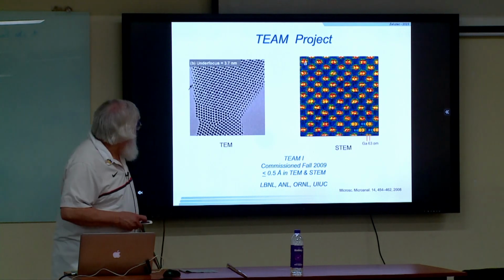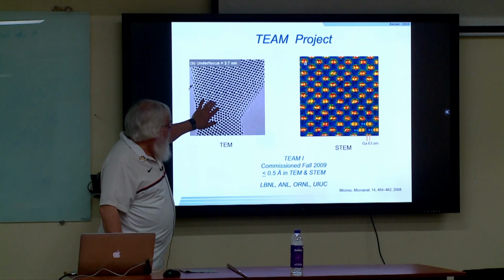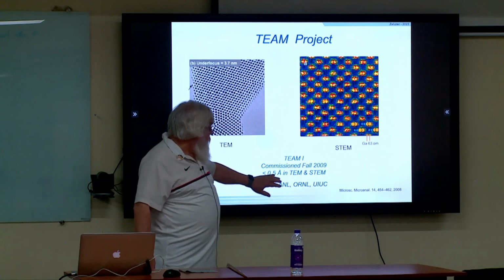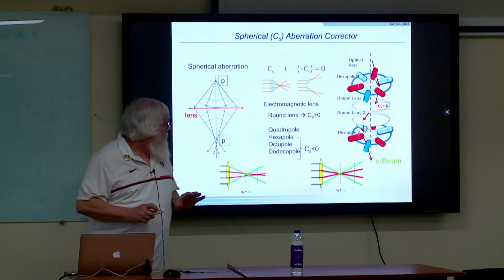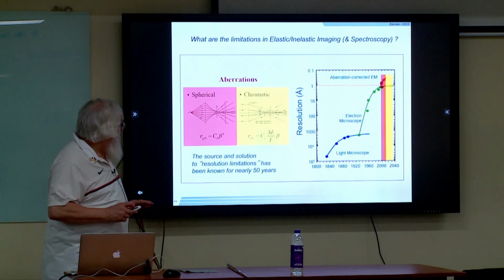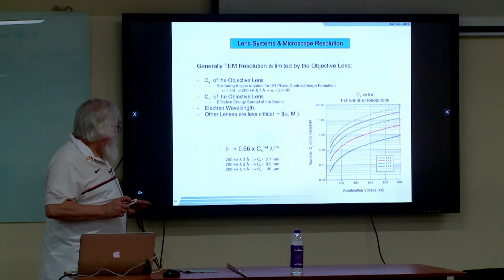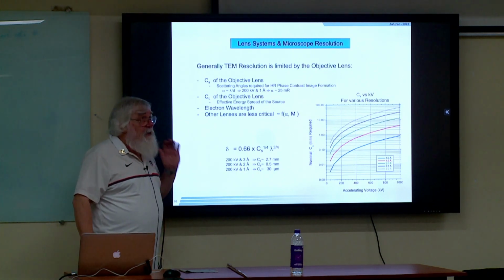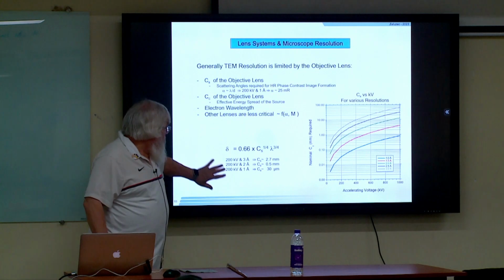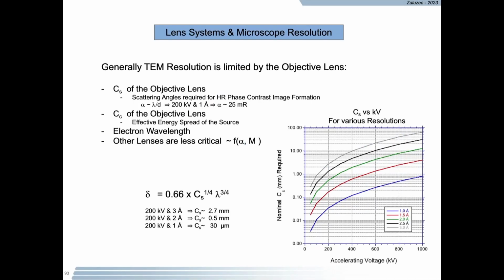What does that mean? It means we can take an image that looks like this and actually get down to half an angstrom resolution. Remember, I told you a few minutes ago, let's go back. Back to here. Conventional resolution, if we go back in the 90s, was in this range, you know, 1 to 3 angstroms was just about doable.